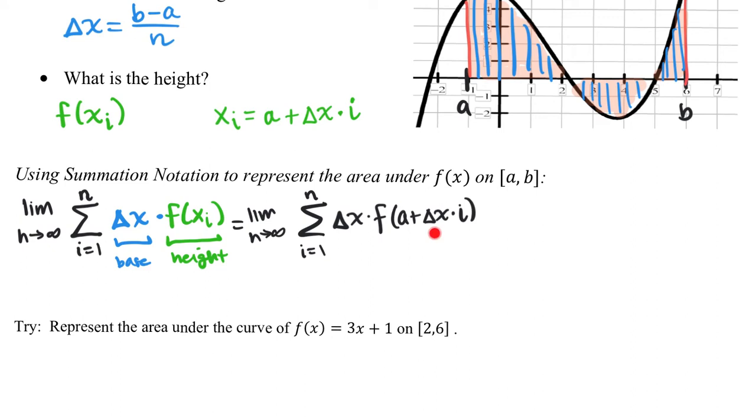Now, since this is the same as this, I'm going to do one more substitution because I want this to be in terms of b, a, and n, because that's normally the information I have. If I go back up to here, I know that delta x is the same as b minus a over n.